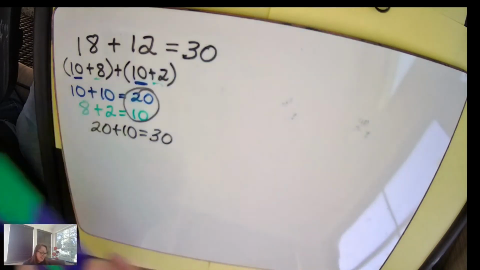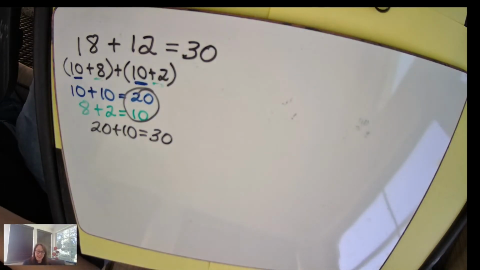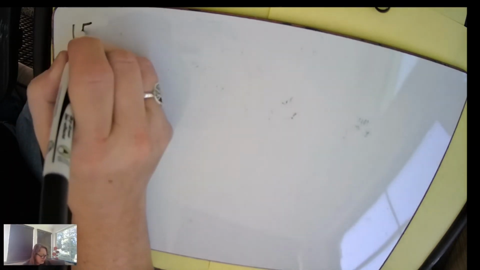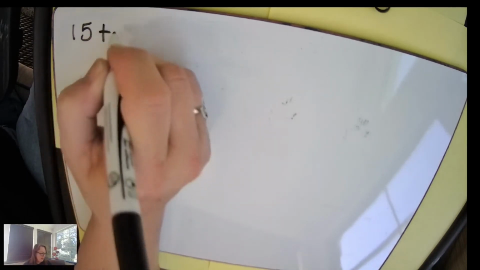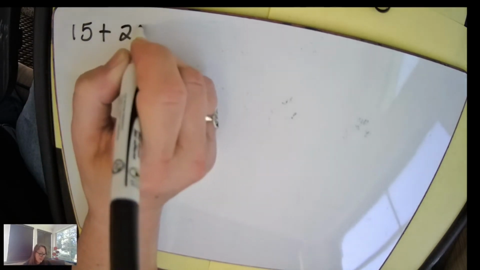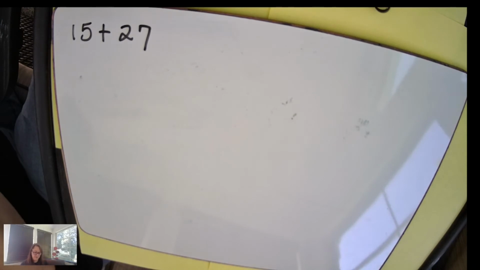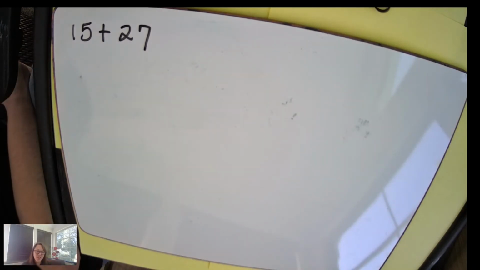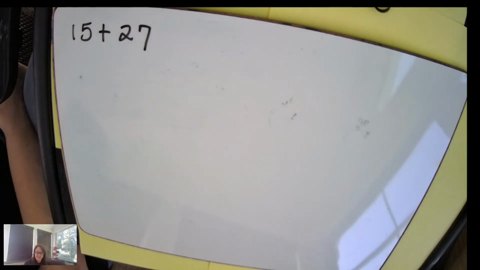All right, let's try another one. Are you ready? Okay, 15, the wrong color. Okay, 15 plus 27. Lydia, would you like to share with us what you think the answer is to 15 plus 27?